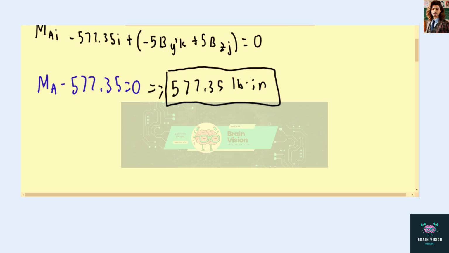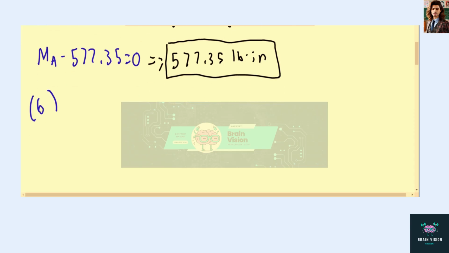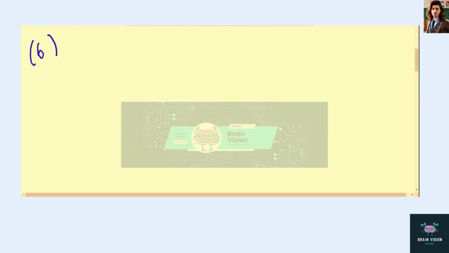And we're now going to solve for the reactions, so part B. From this same equation, we're also going to take the k components and the j components and set them each equal to 0. So next we're going to have 5 times B of z is equal to 0.